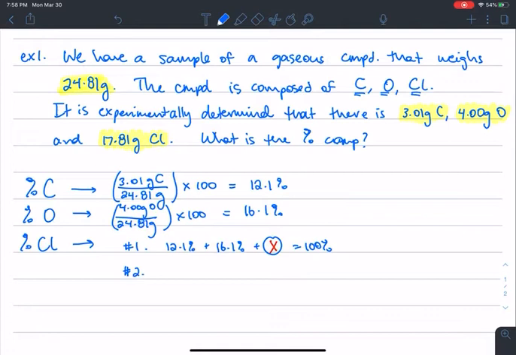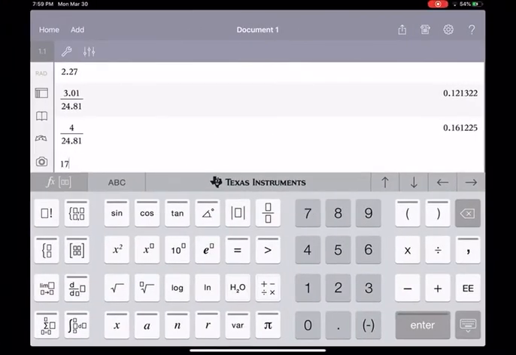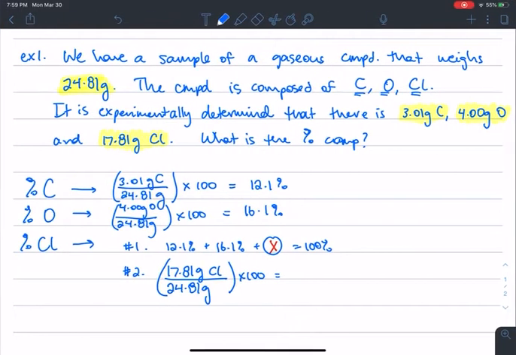I don't want to do it that way, so that we can have as much practice as possible. It tells us that we have 17.81 grams of chlorine. Divide that by the total and multiply by 100. So we have 17.81 divided by 24.81, which is 71.7%.